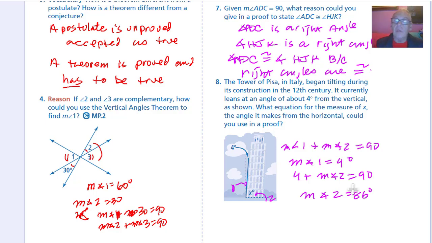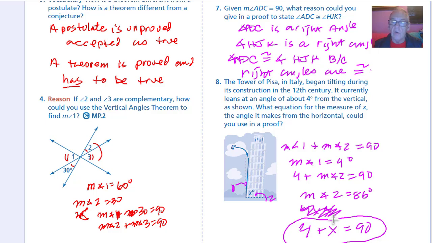So what equation for the measure of x could you use? We put x in here, so 4 plus x equals 90 is the equation that we could use. Take away 4 from both sides, and x is equal to 86.